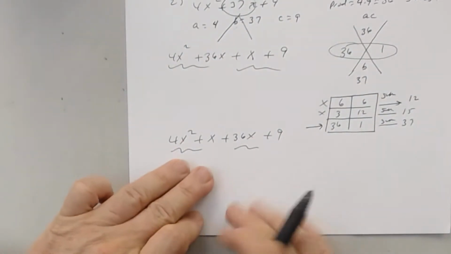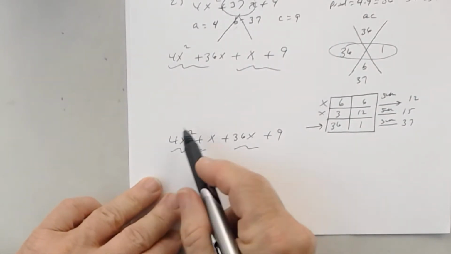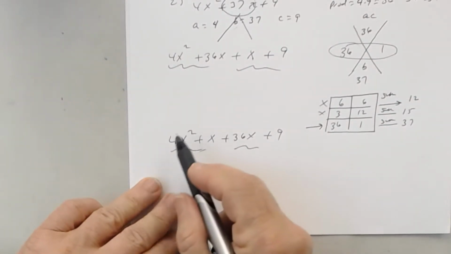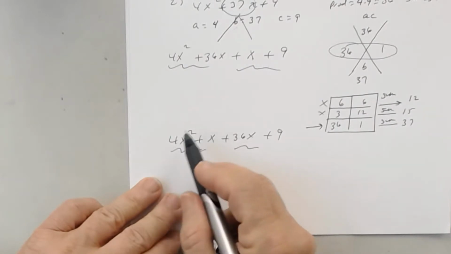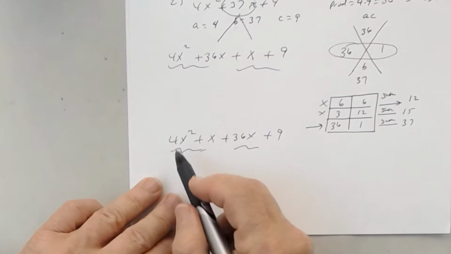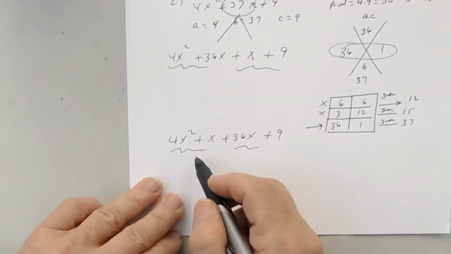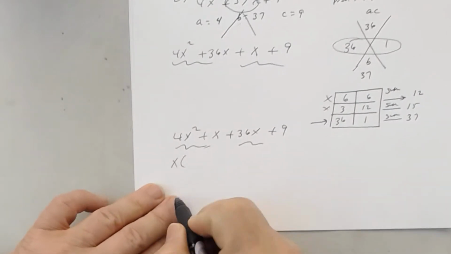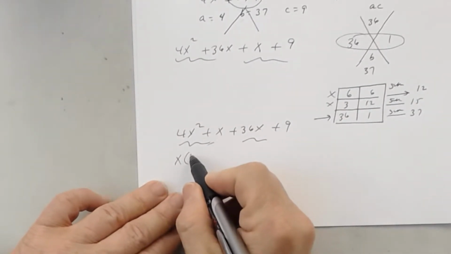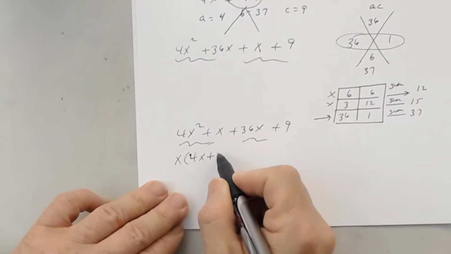If I group the first 2 here, what's the GCF of the first group? No, not 1. What's the GCF of that first group right here? You had this on a couple of worksheets. x, right? So when I factor out the x, what are you left with? 4x plus 1.